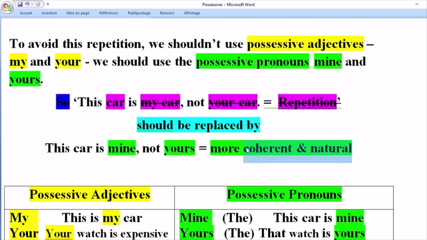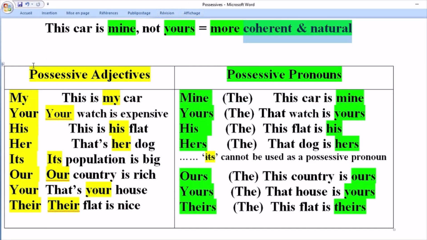And that's why we need to use possessive pronouns, in some cases like this one, instead of possessive adjectives, so as to avoid repetition. So that's the general rule. Let's see in this chart examples of possessive adjectives and possessive pronouns, so as to make the difference between them.